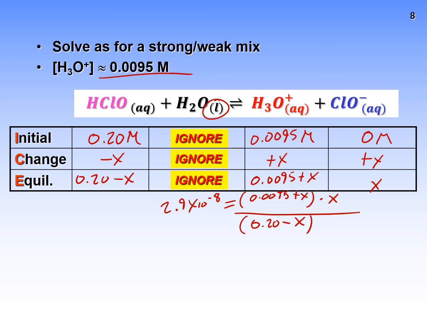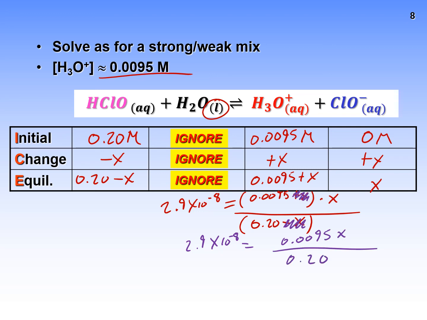Now again, I'm going to use the 5% rule. This is a super small Ka value. The 5% rule is definitely going to be okay here. You can pretty much not even bother checking, but always check just to be sure, honestly, but it's going to be fine. So effectively, this means that my equilibrium expression is 2.9 times 10 to the negative 8 is equal to 0.0095 x all over 0.20.